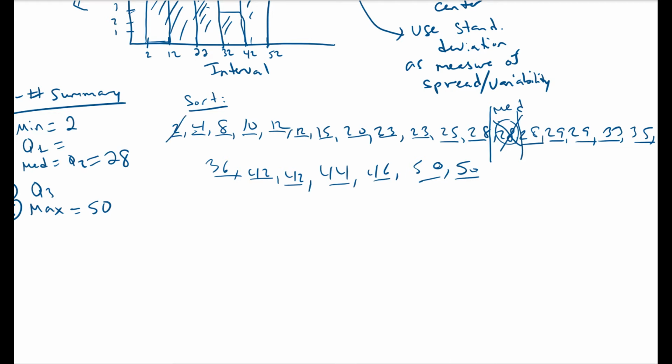So we have two middle numbers, which means we have to add them up and divide by 2. In that case, that's 27 over 2. Let me double check.